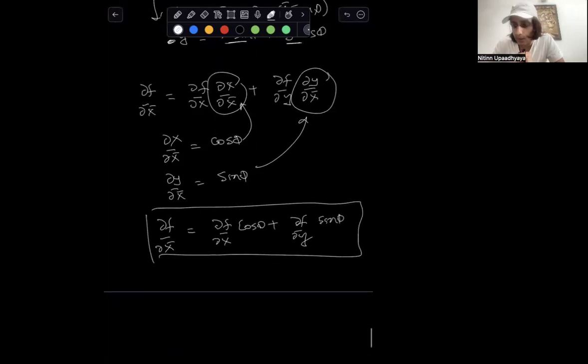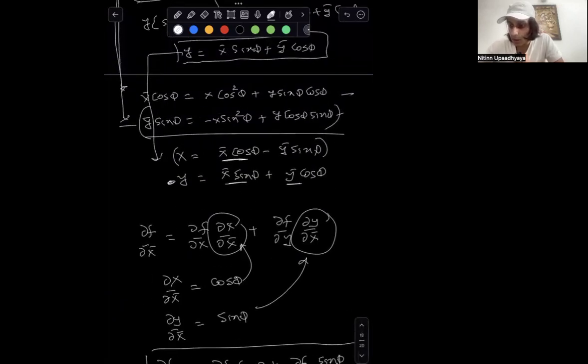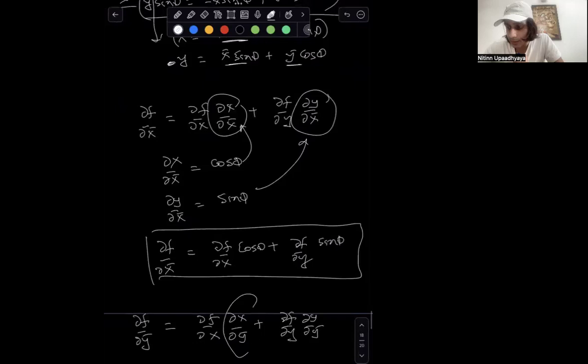And in the same way, we can work out dou f, dou y bar, and that'll be dou f, dou x, dou x, dou y bar, plus dou f, dou y, dou y, dou y bar. And if I look at these expressions, we need to calculate dou x, dou y bar.